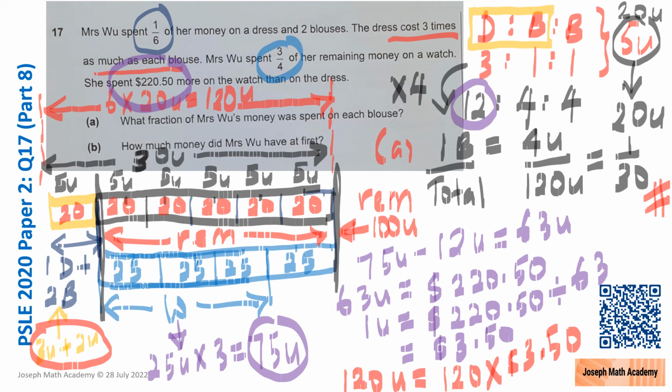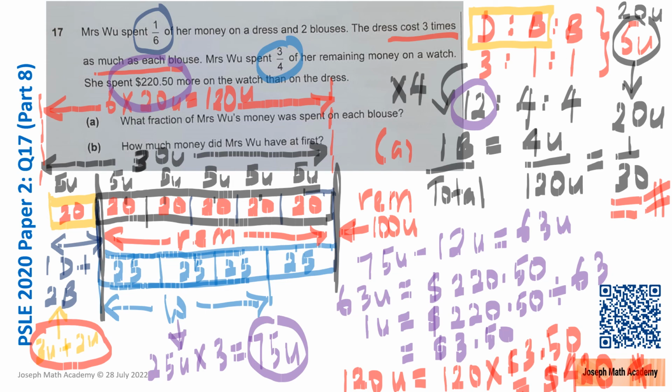Okay, so what is 120 times 350? It is $420. So the answer is $420. And $420 is the final answer for part B. Okay, so 17A, the answer is a fraction, 1 out of 30 over here.